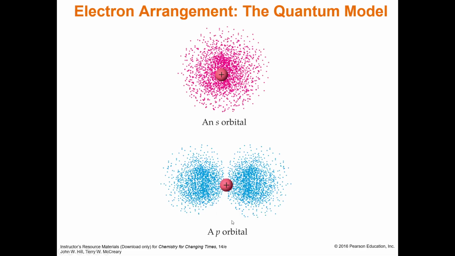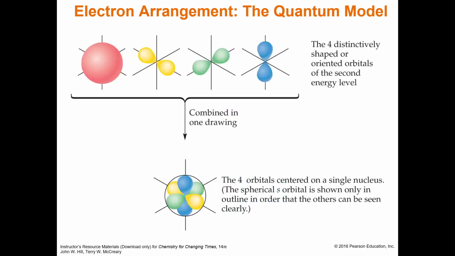Your p orbital, on the other hand, looks a bit like a dumbbell. See that? And this is just showing you the probability of finding electrons. Now, this p orbital, you may notice that this is in the x direction right here, isn't it? So you could have one in the y and one in the z, up, down, coming towards you as well. So that's what we see right here. This is your S subshell.